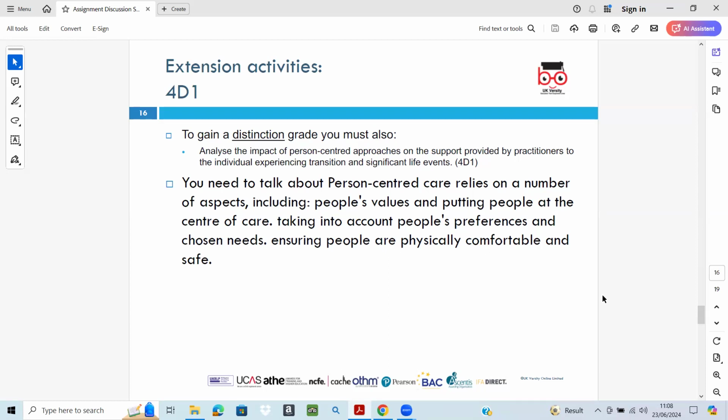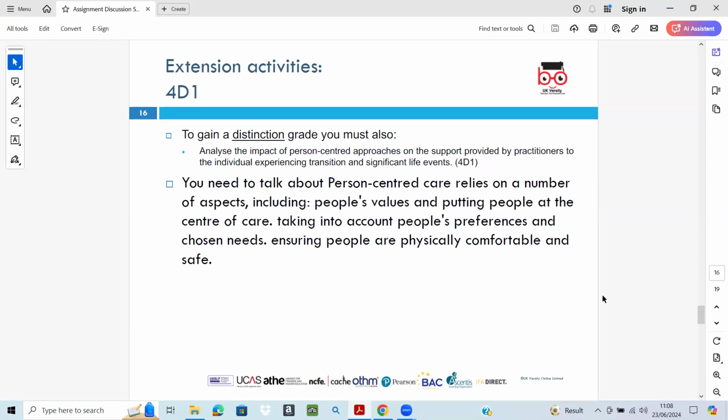As we know, person-centered care plays a vital role in enhancing the quality of support provided to individuals experiencing transitions and significant life events. Person-centered care relies on a number of aspects. We could discuss people's values and putting people at the center of care.